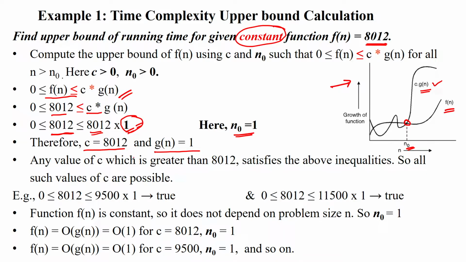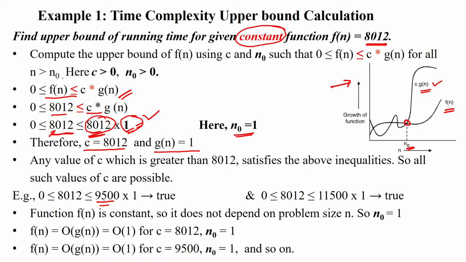Suppose you want to substitute a value greater than 8012, because c into g of n should always be greater than or equal to this given f of n. So now I am substituting 9500.